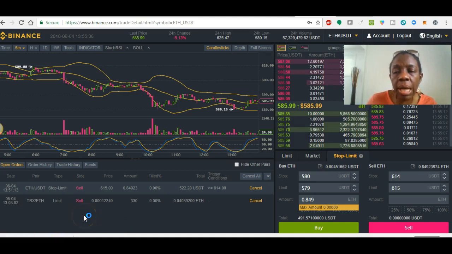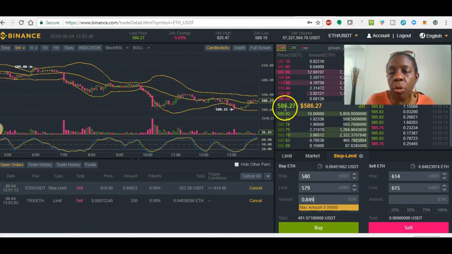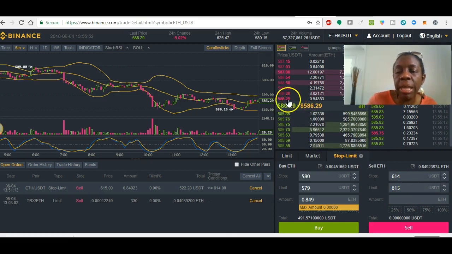Now, the reason why this works perfectly in this situation is because no matter the price of Ethereum, I just want to sell a certain amount. So what I'm trying to say is, even if this coin keeps going down, I'm still going to hold it. So I don't want to set a stop loss.